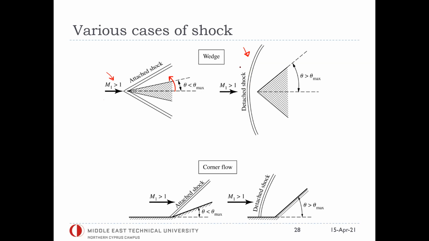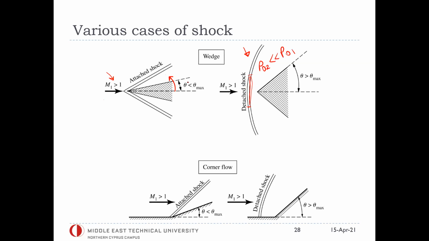And since the detached shock wave, especially in the front of this, is almost like a normal shock wave, its strength is going to be very high. It's going to be a very strong shock wave. Strong shock wave means lots of reduction in stagnation pressure. Okay, so that's not good.